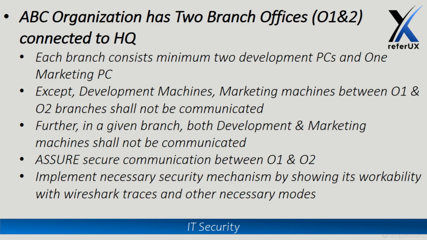Each branch should have a minimum of two development machines and a marketing machine, and between Office 1 and Office 2, except for development machines, marketing machines should not be able to communicate due to security reasons of their own.